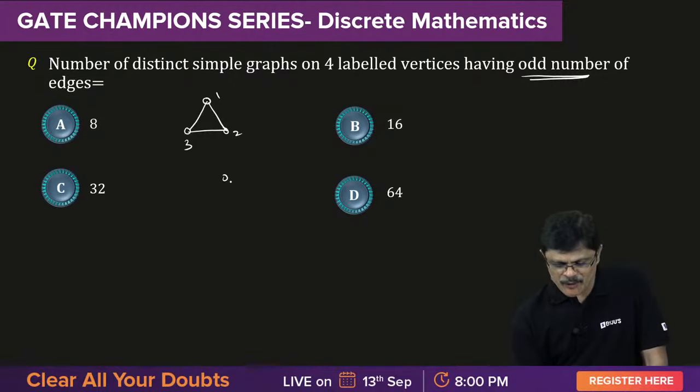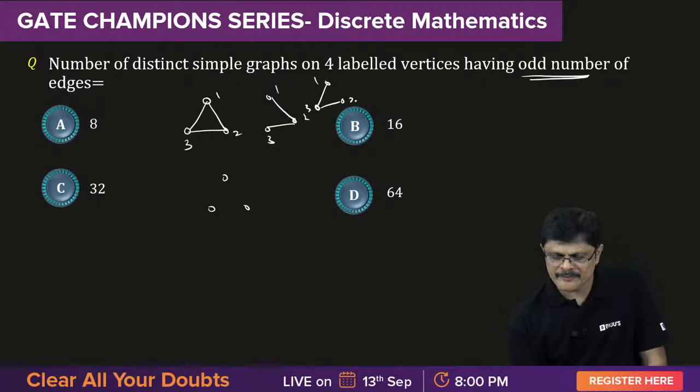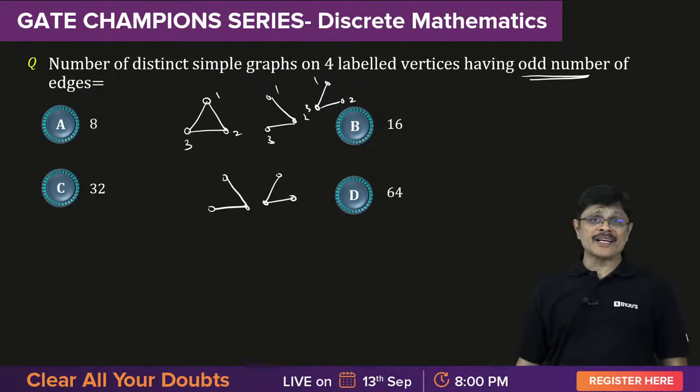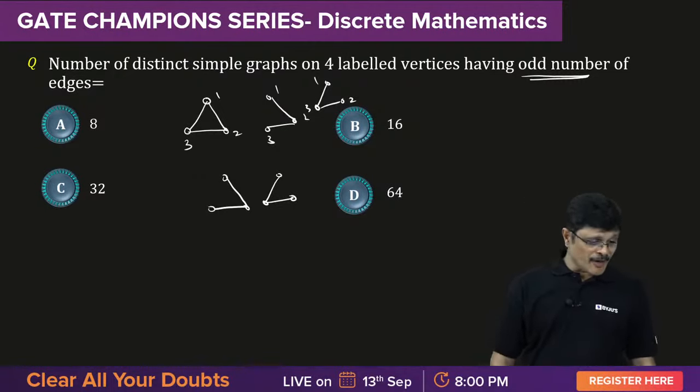If I remove the labels, now look at this. This fellow is different from this fellow. These two are different as labeled graphs, but as unlabeled graphs, these two are not different. So finding the number of unlabeled graphs is not that easy, my dear friends.